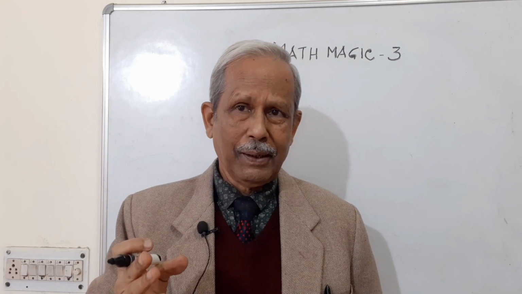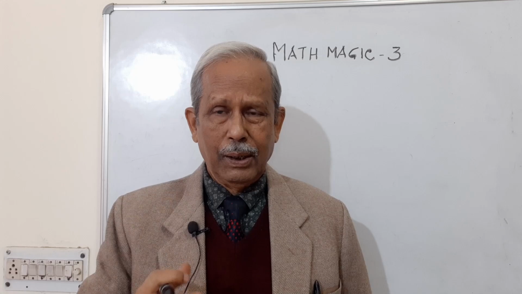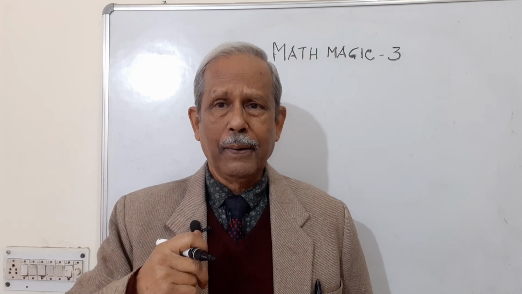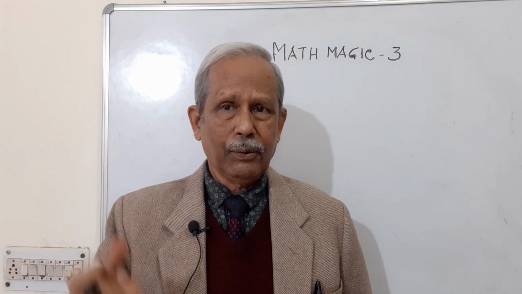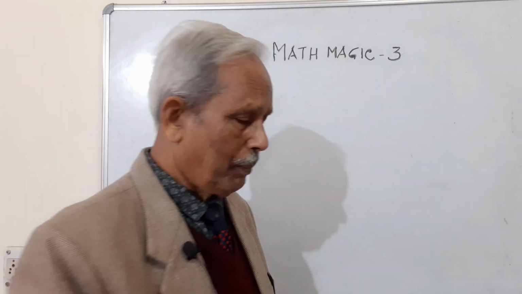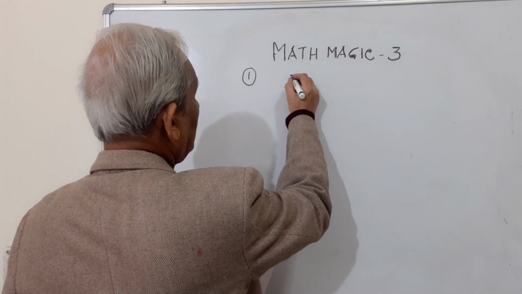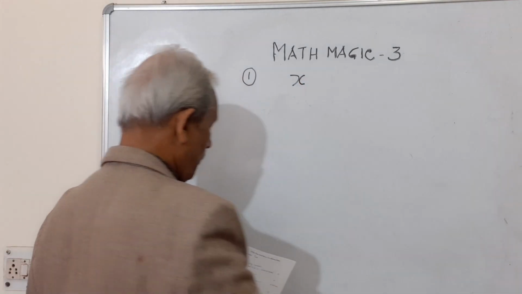It's very interesting. Now I will tell you how this happens, why this happens, right? Now these are some kind of tricks which you can even prepare yourself, make yourself, and you will find out the result. Why does it happen so, right? You should know about it, why this happens. Now think of a number, say let it be x. Think of any number, let it be x.